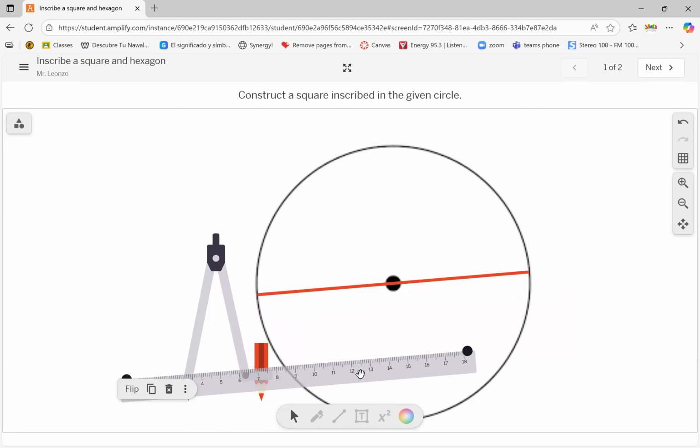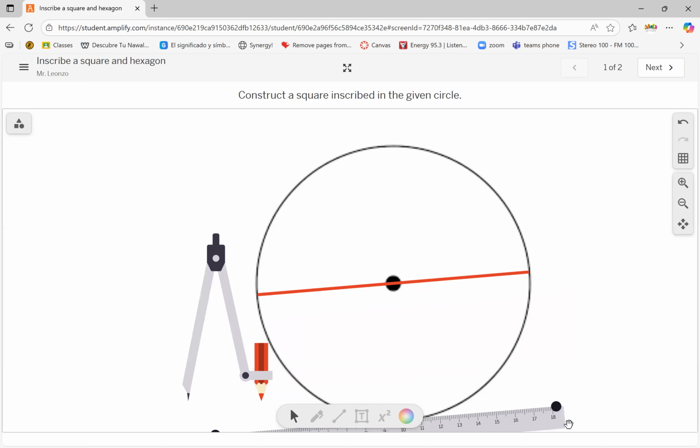Okay, good. Now what I want to do is create a perpendicular bisector. I know we talked about this in the beginning of the school year. Perpendicular bisector means I'm going to cross it at 90 degrees and I'm going to go through the middle. So the way we do this, for us to remember it, I'm going to grab my compass.